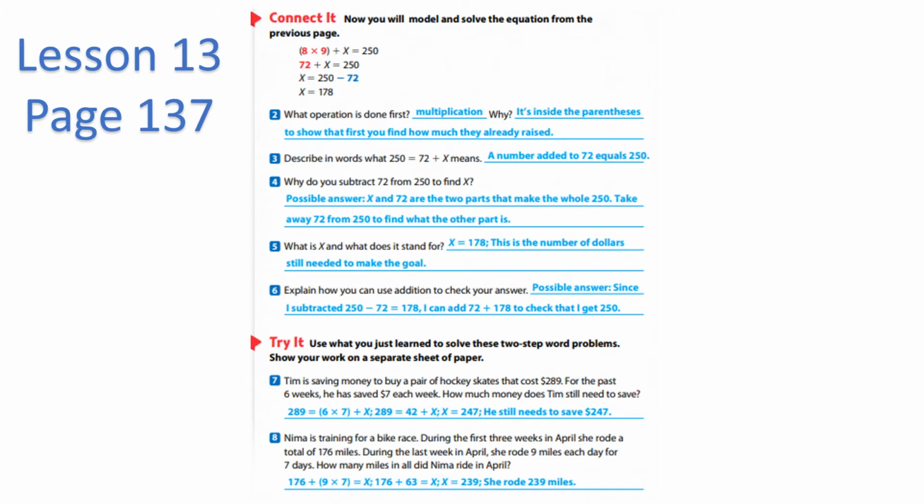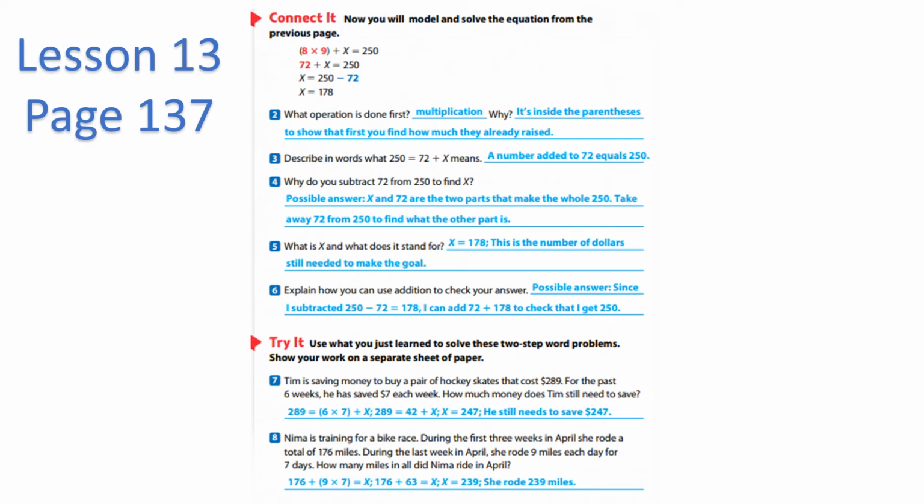Now, we're focusing on page 137, which is going to have us connect to what we had read previously on page 136. So they're going to show us first how we could model the problem on page 136. So it says, now you will model and solve the equation from the previous page.